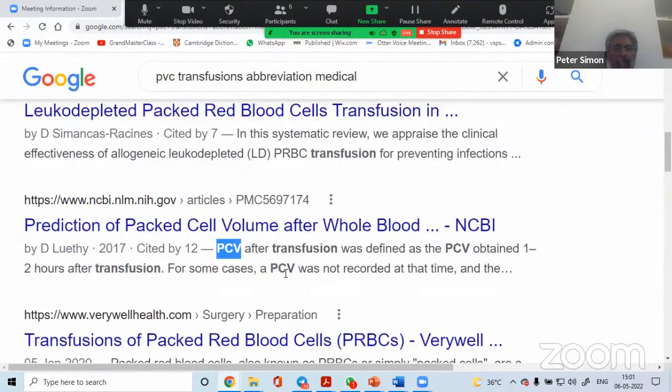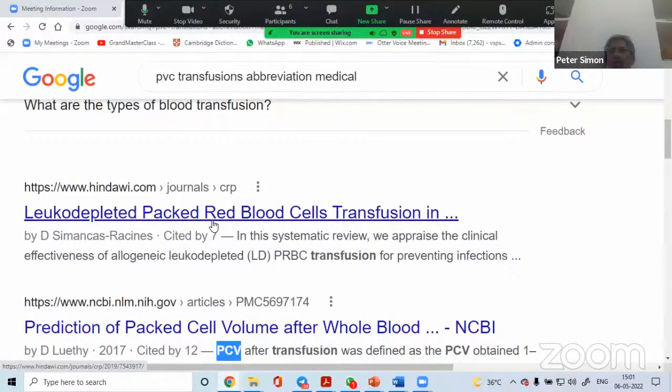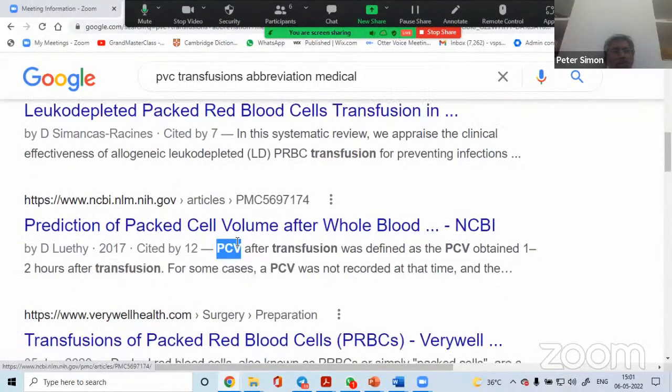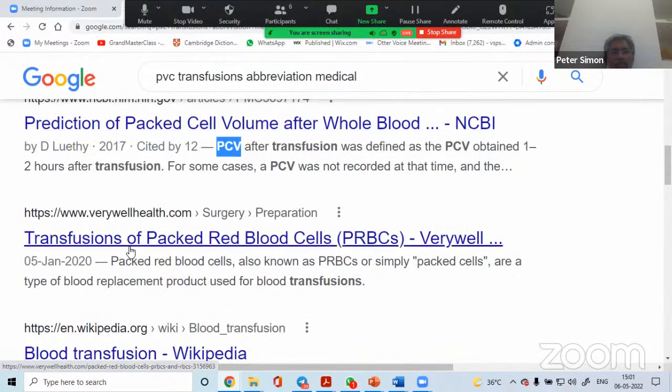Mistakes and mistakes. Okay, PCV, packed cell volume. Packed cell, PRBC transfusion. PRBC, packed red blood cells. Transfusion, that's okay. Prediction of packed cell volume after whole blood. Packed red blood cells.